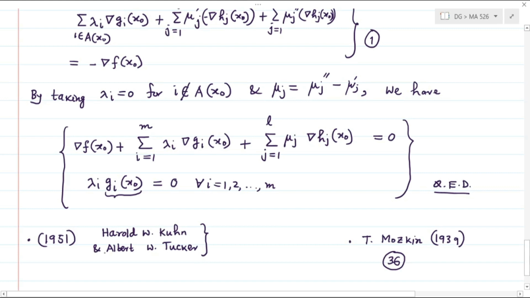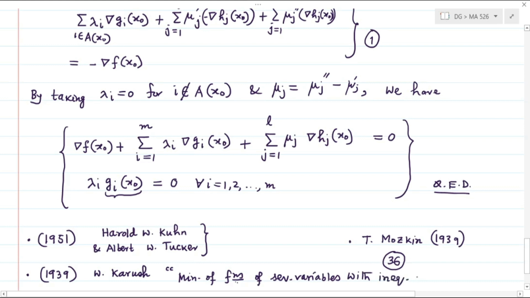But after the appearance of the paper by Kuhn and Tucker, people found that in 1939, William Karush, a product of the University of Chicago, in his MSc thesis entitled Minima of Functions of Several Variables with Inequalities as Side Constraints, derived the same result as Kuhn and Tucker.